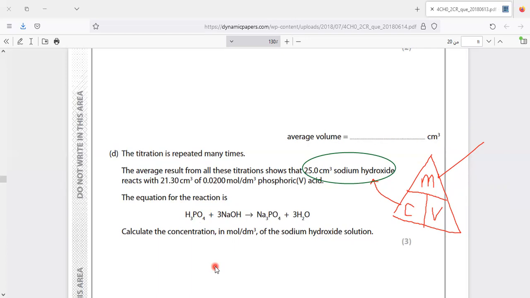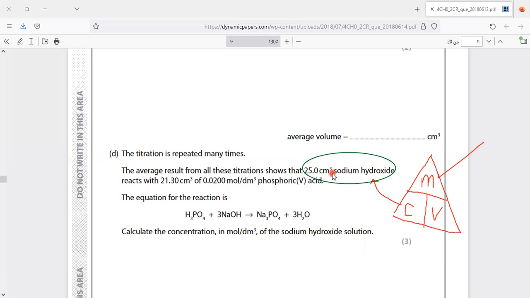He said we have moles per cm³ of sulfuric acid, so we multiply 0.0200 by 3. No. Noor, how can we find the number of moles of sodium hydroxide?